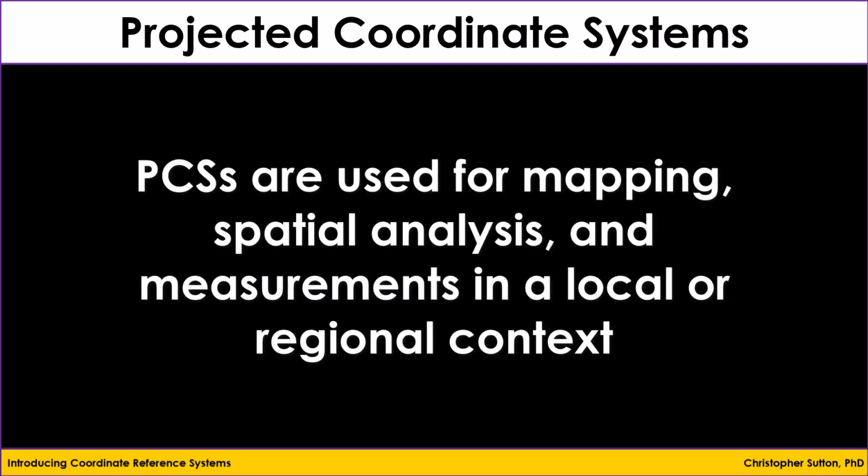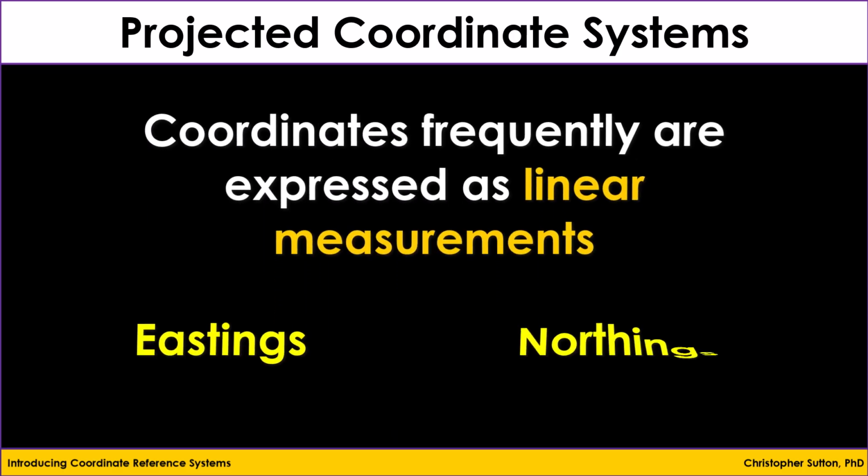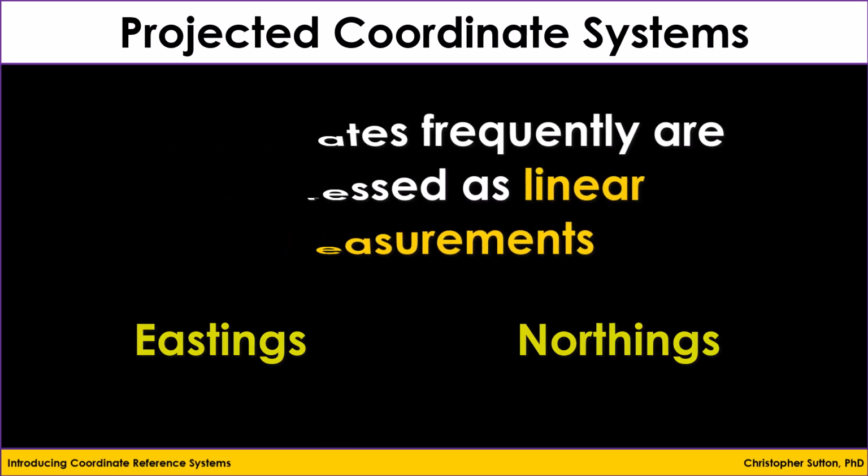Projected coordinate systems are used for mapping, spatial analysis, and measurement in a local or regional context. Rather than longitude and latitude, coordinates frequently are expressed as linear measurements, often called eastings and northings. We use linear measurement, meaning meters or feet, to express coordinate position.